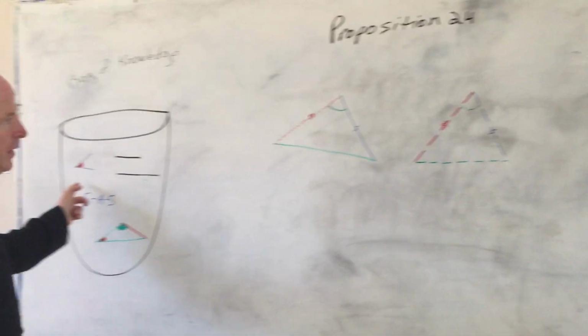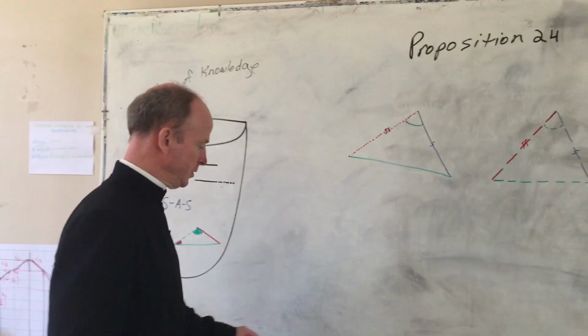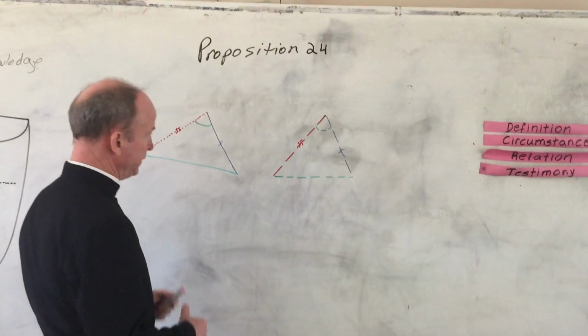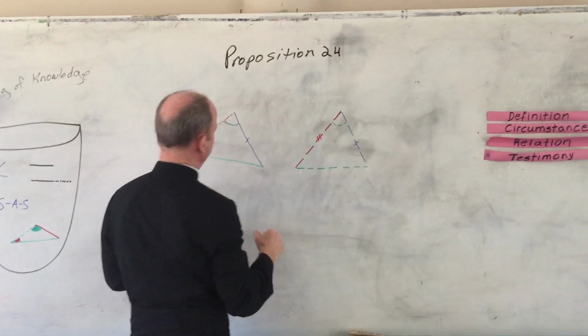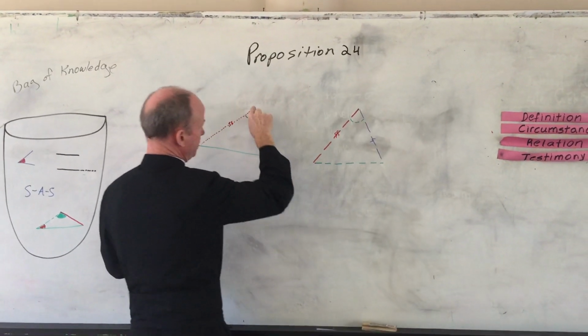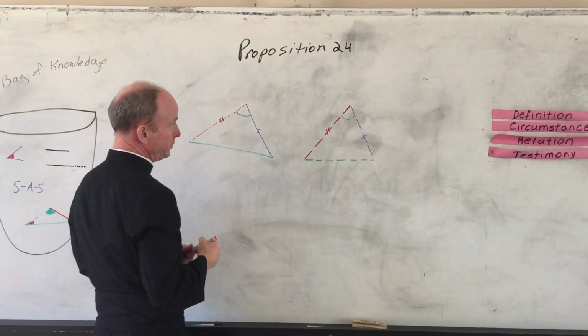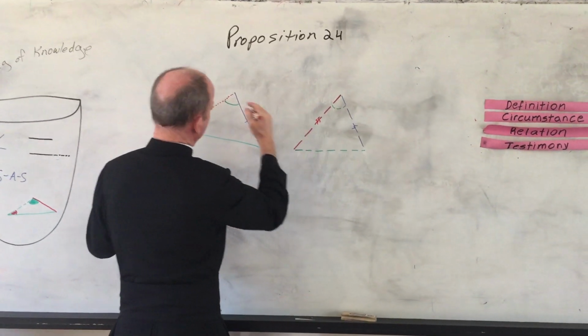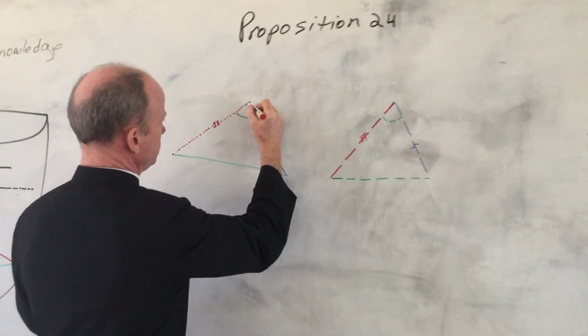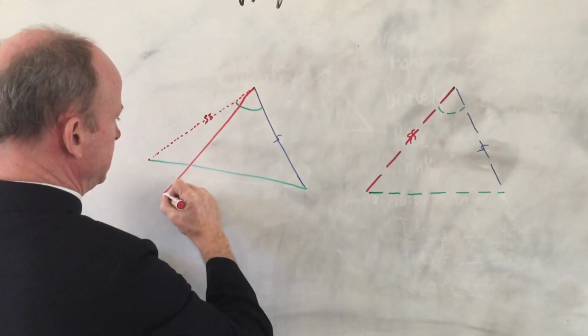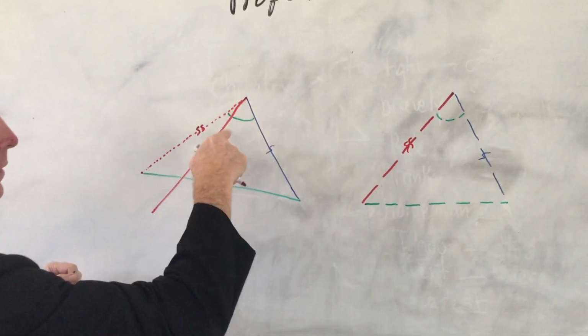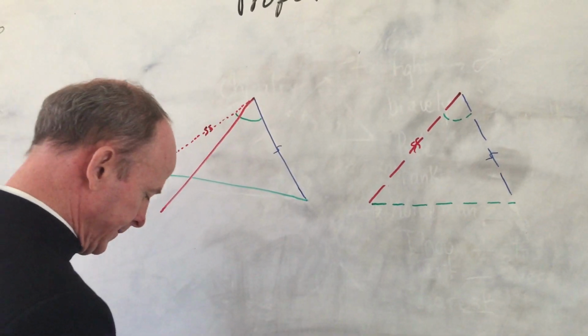Okay, so let's start off by invoking the proposition where we've proven that in any given angle, we can make an angle from a point on a line equal to that angle. So let's do that. Let it be done. And let this be now our angle equal to it.